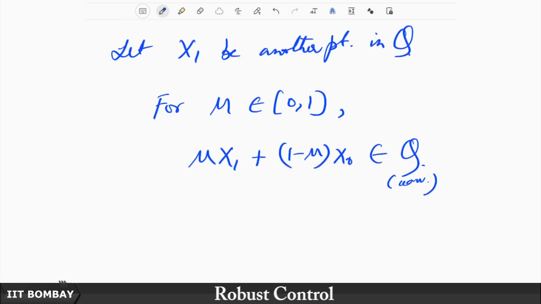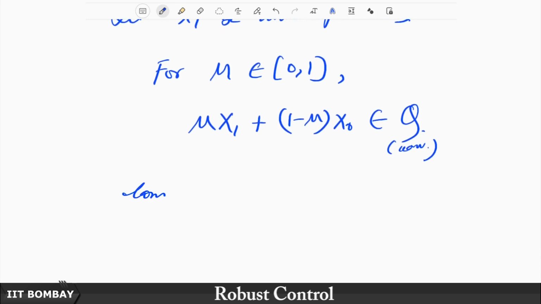So, now consider C of mu x1 plus 1 minus mu x naught.